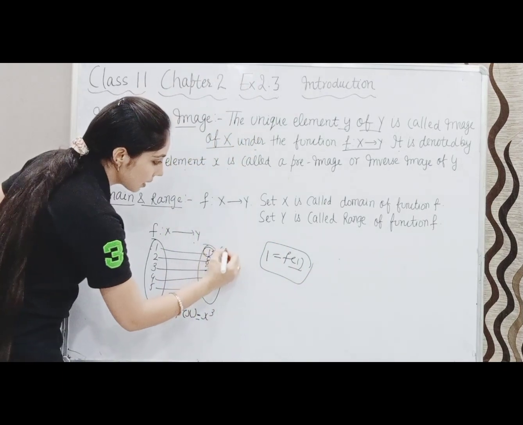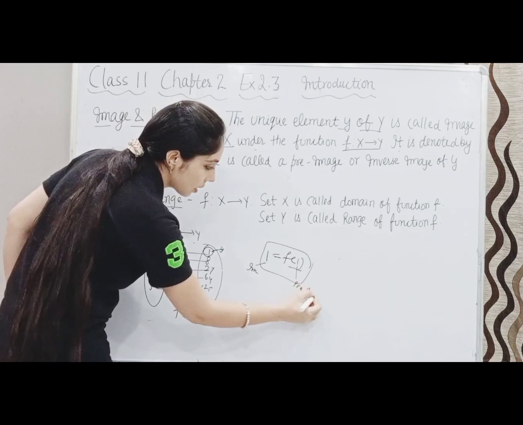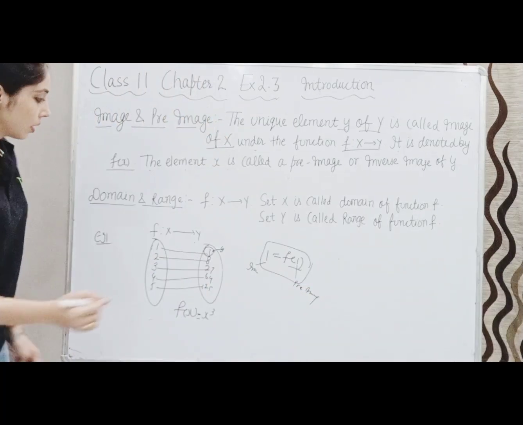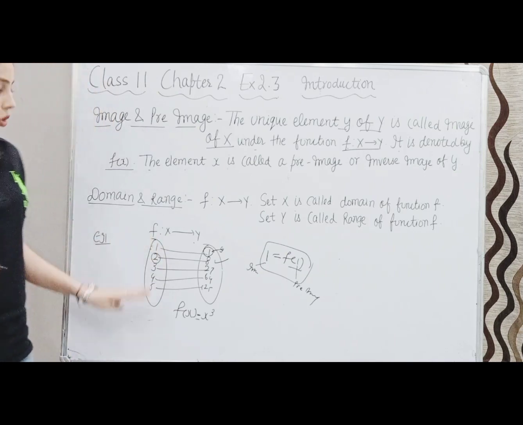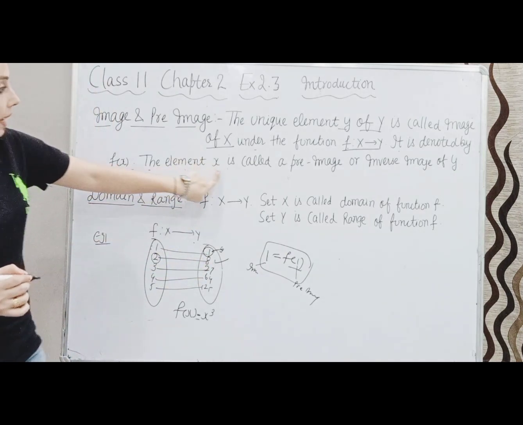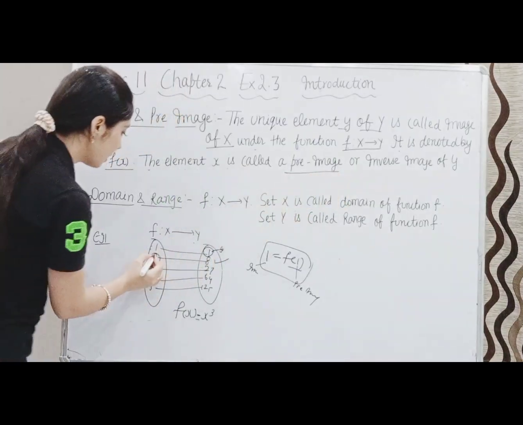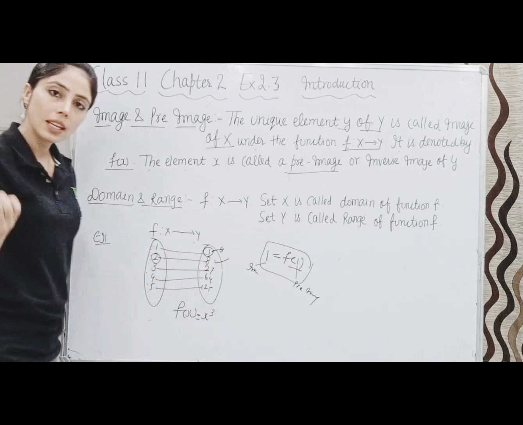So this is the image and this is the pre-image. 8 is the image, 2 is the pre-image of this. These x are called pre-image and these are called the image.